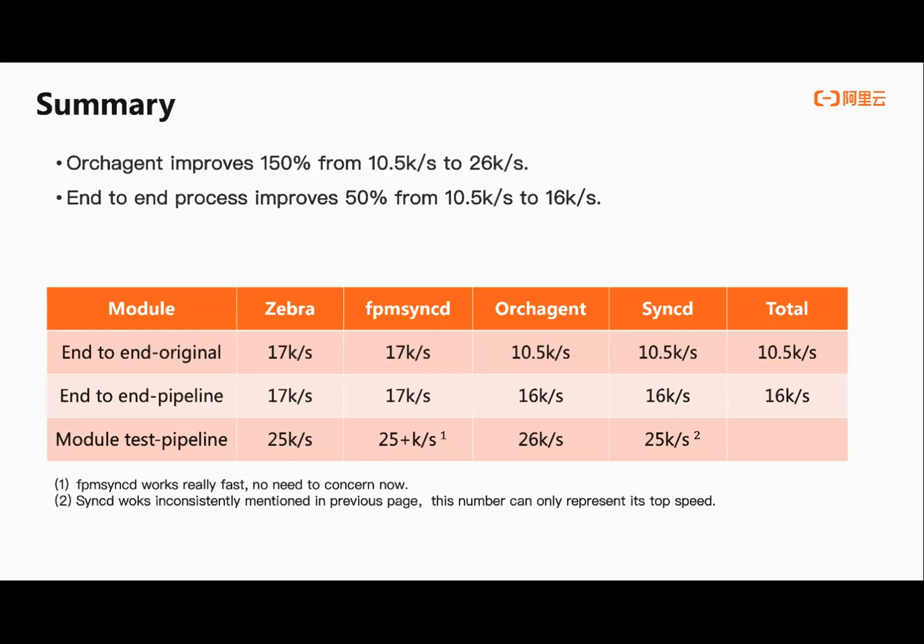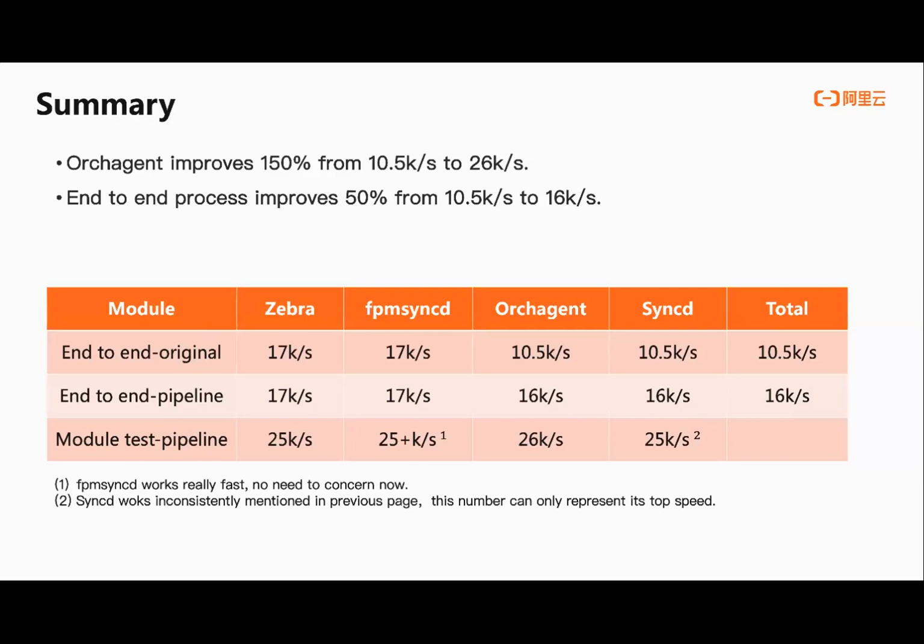How do you insert the routes to FPMSYNCD? Through Zebra or through some test routine? Through Zebra. So these two numbers are the same, since Zebra sends 25K to FPMSYNCD, and FPMSYNCD can handle them all. But you don't have the bottom part, like Orchagent running alone. Yeah.